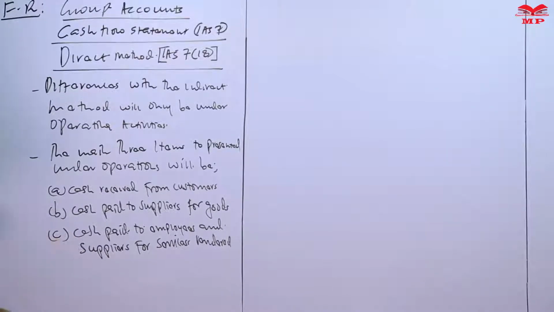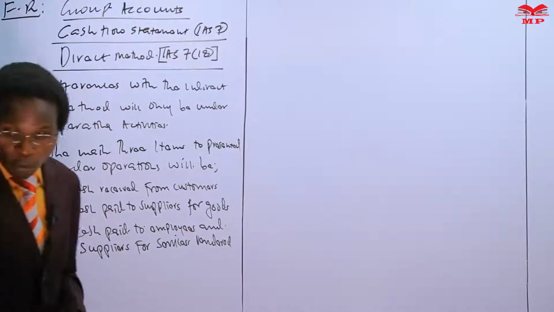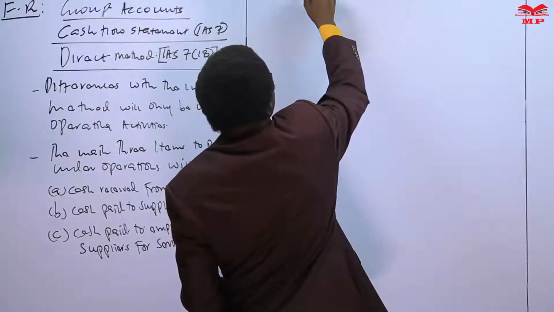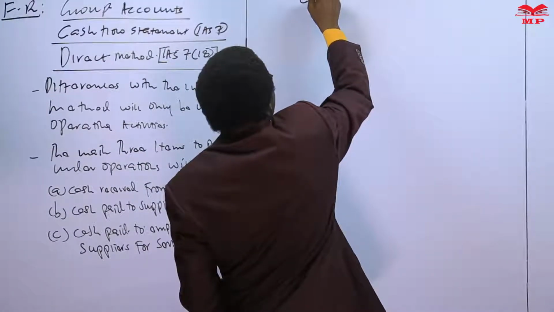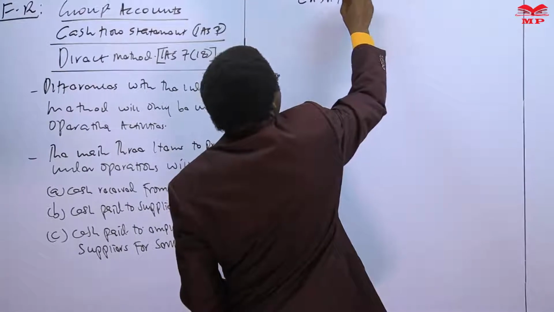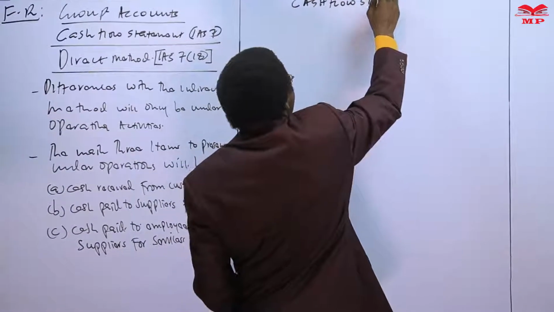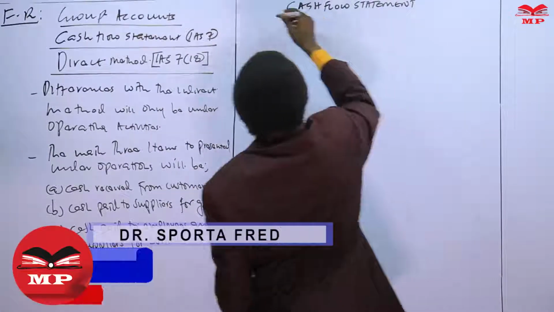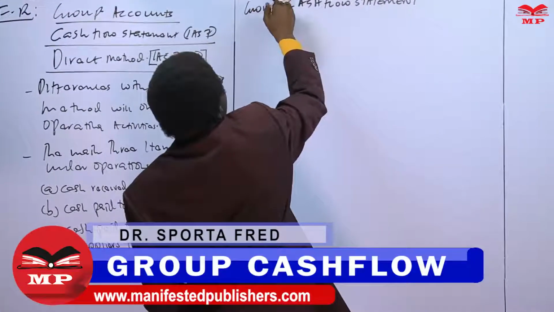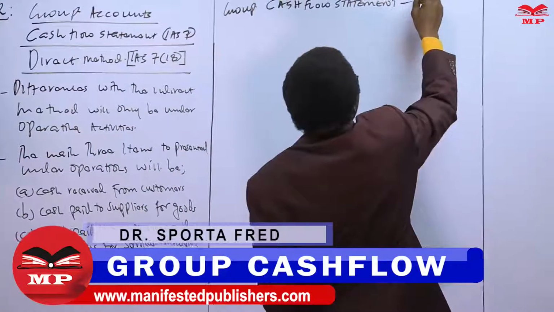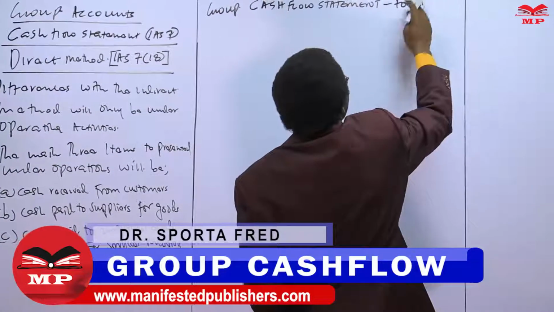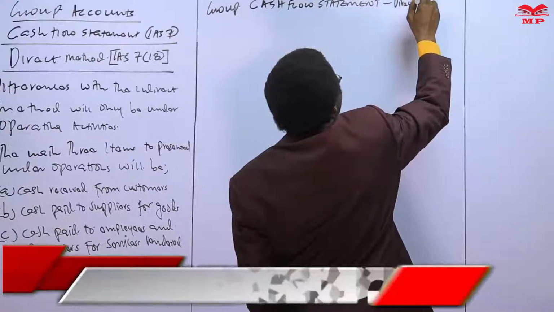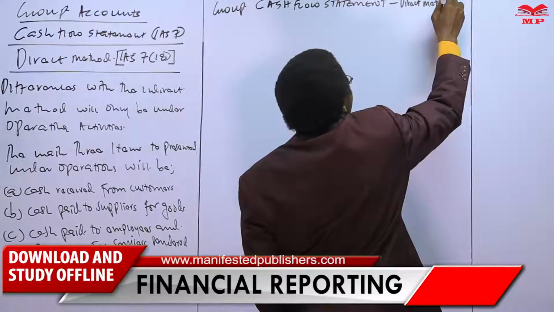Now we want to look at the format that we are going to use. Let me call it the group cash flow statement, direct method format.